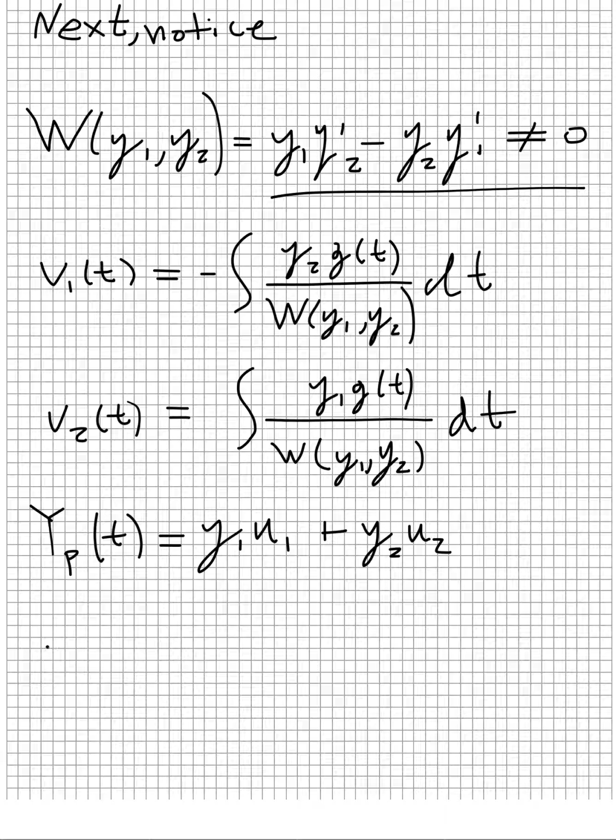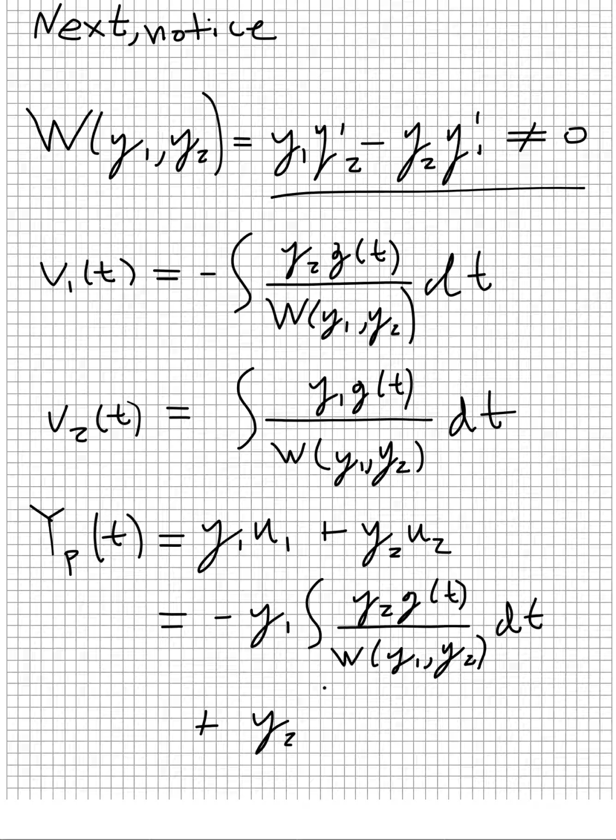Okay, or more generally, this is going to equal negative y1 times the integral of y2 g of t, okay, divided by the Wronskian of y1, y2 with respect to t, and this is going to be added to y2 times the integral of y1 g of t, okay, divided by the Wronskian of y1 and y2, all with respect to t.